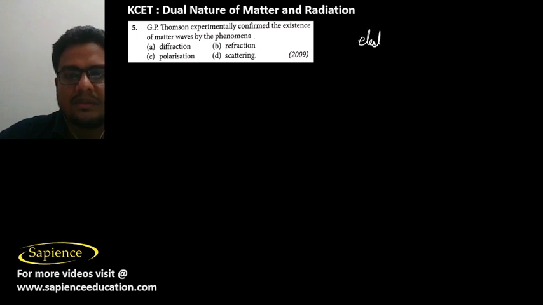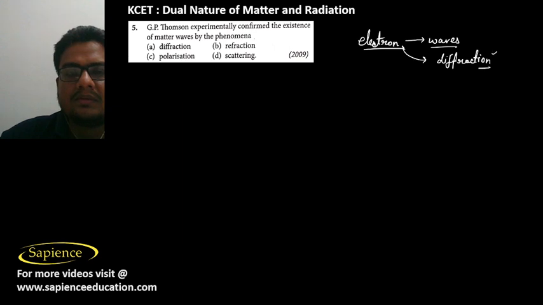Since he used the electron and showed that electrons can behave as waves, the electron waves can show the phenomenon of diffraction. So by using this experiment, he confirmed the existence of matter waves. Option A is the correct answer.